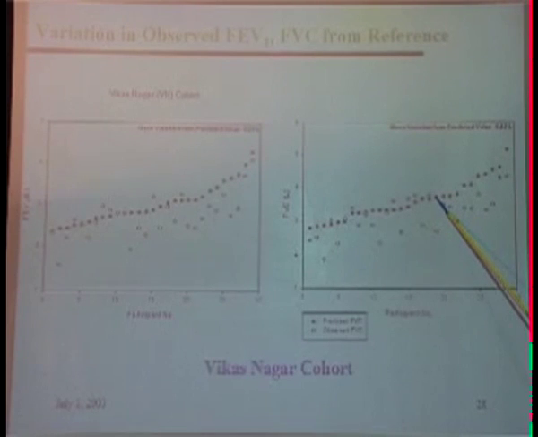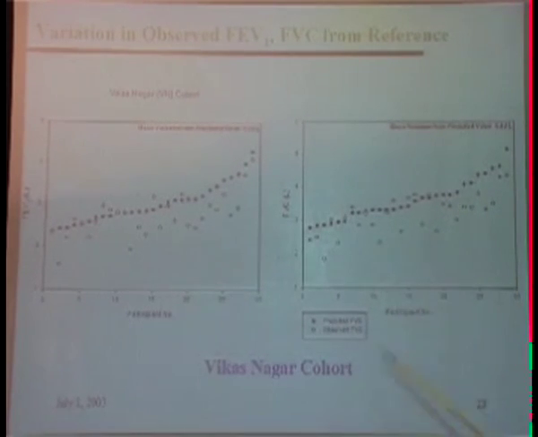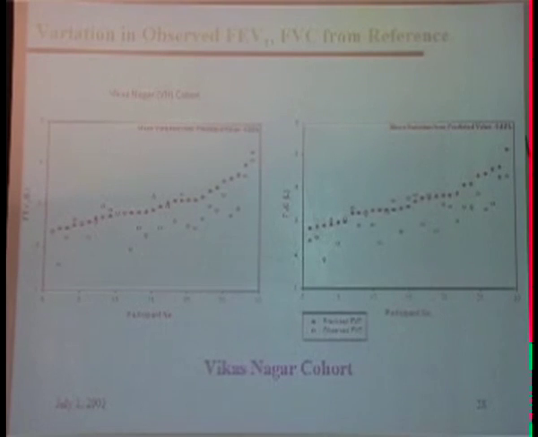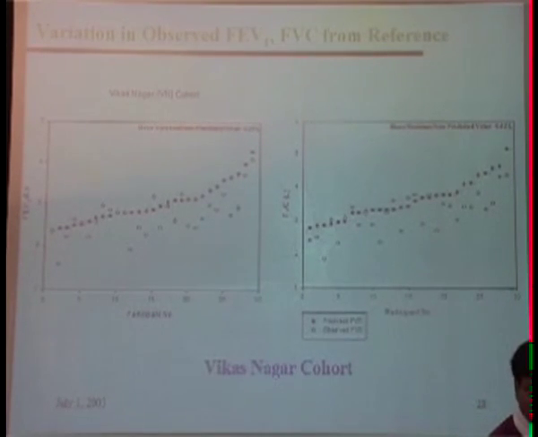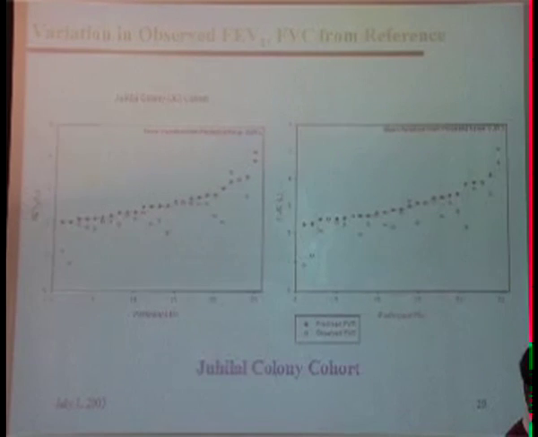The mean variation from the predicted values is 0.42. It means most of the people are performing below what it should be, and the average decrease in the vital capacity is about 0.42 liters.